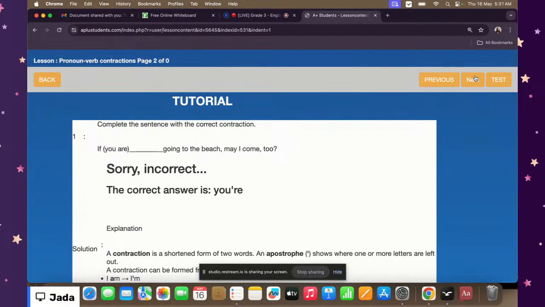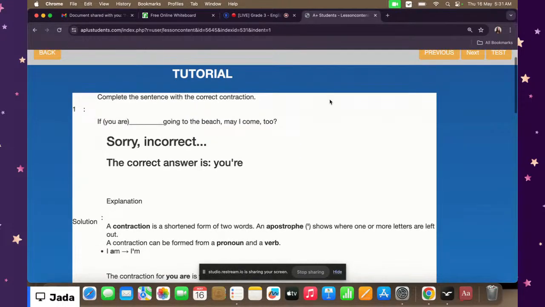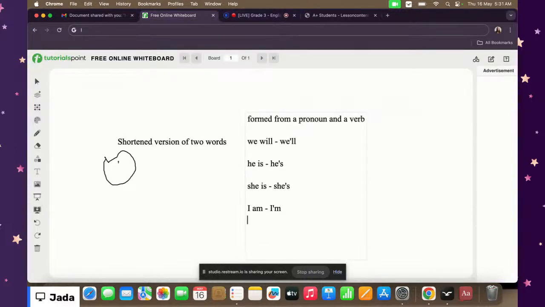So can you give me words on the chat that we can get as a contraction? So give some examples of contractions. Anyone that you know, leave it on the chat. We have one here. You are. So leave the contractions that you know on the chat.